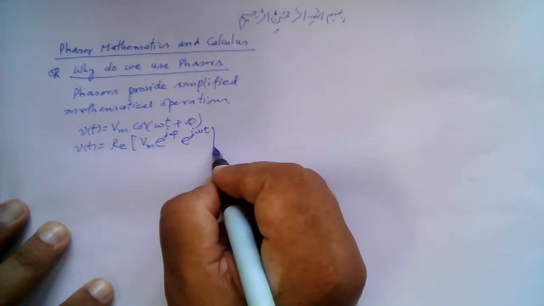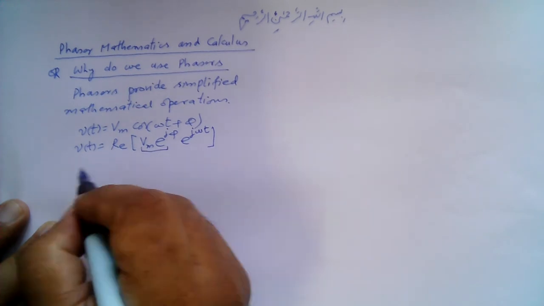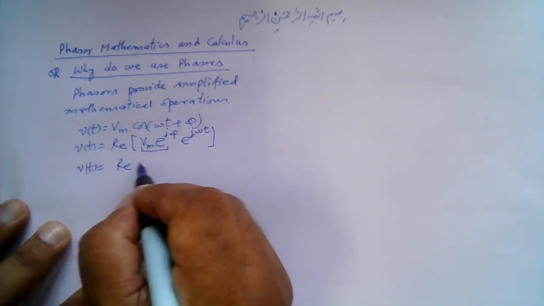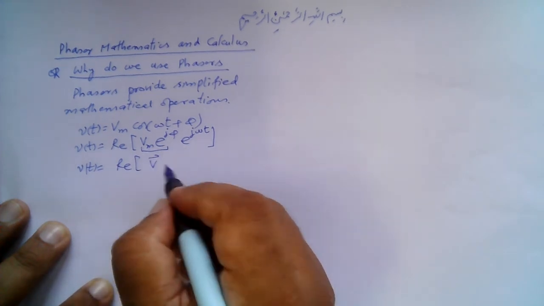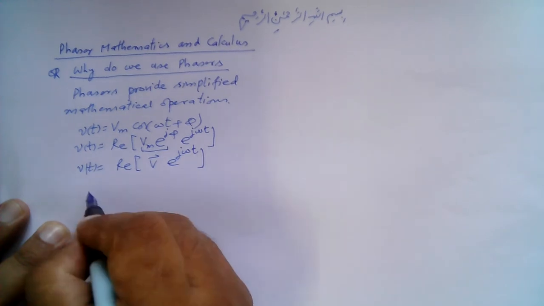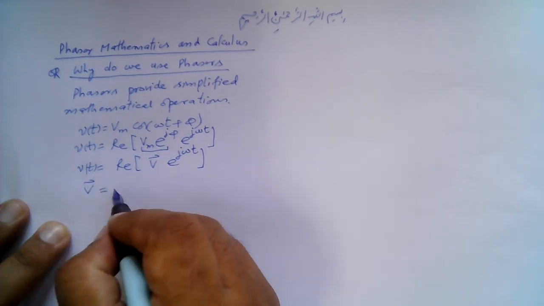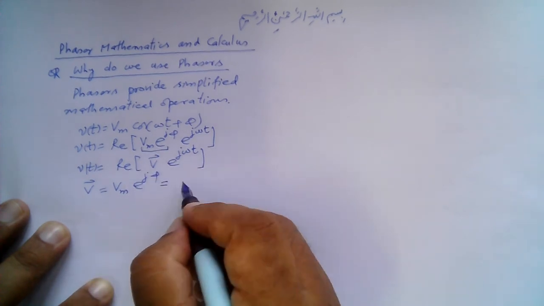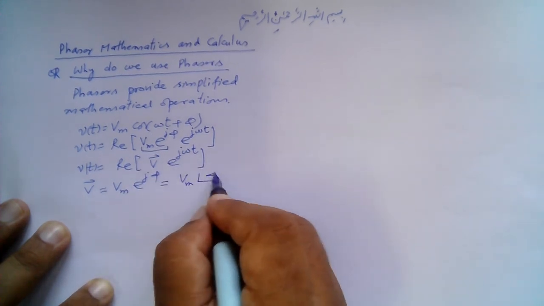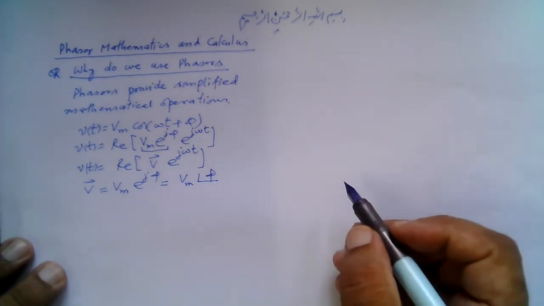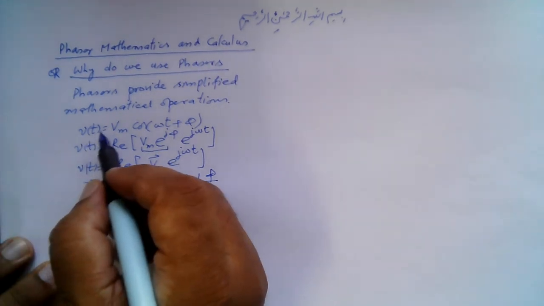And this is our phasor for this sinusoid. So this is V bar, where V bar is equal to Vm e^(j phi), or in the polar form, Vm angle phi, right?